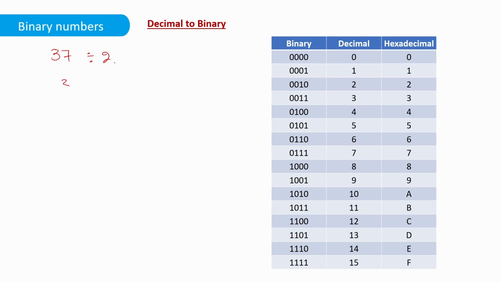So 37. There are actually two ways for division. One, let's do the method which we did for hexadecimal. So let me do it side by side. So 37 divided by 2. This is the method which I used for hexadecimal. If we follow that method, 3 is larger than 2. So 2 times 1, I can get 2. If I do 2 times 2, then I will be getting a value of 4, which will be larger than this.